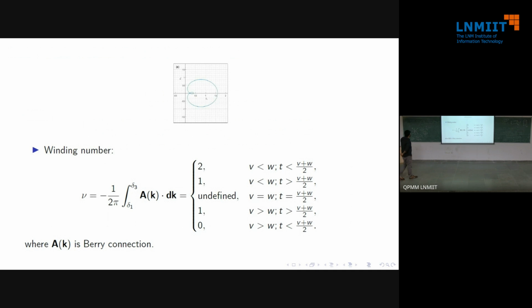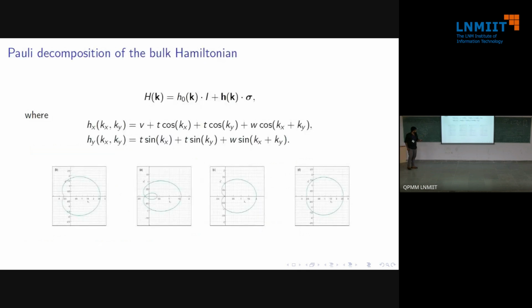Sir, when t is equal to 0, the small circle which we see here goes bigger and bigger and becomes a big circle. We have seen that observation. Sir, if you are in the topologically non-trivial phase and you take t tends to 0, you may not end up with constituent atoms. That's what the topological insulator is all about.